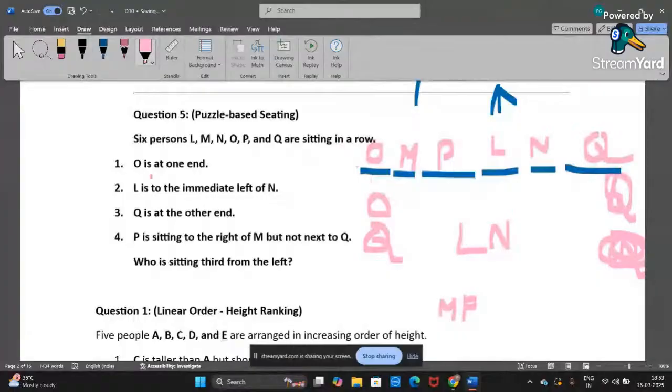Let us check the alignment. O is at one end, L is to the immediate left of M, P is sitting to the right of M but not next to Q. So Q is here. What we need to find: who is sitting third from the left? That is P. So the answer is P.